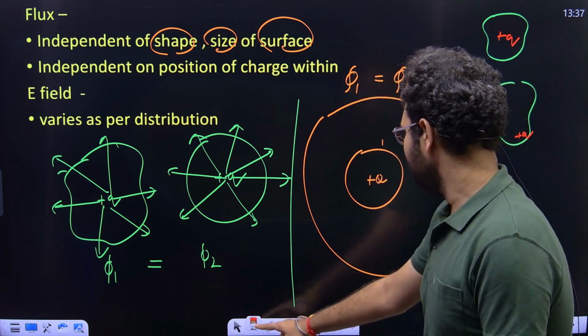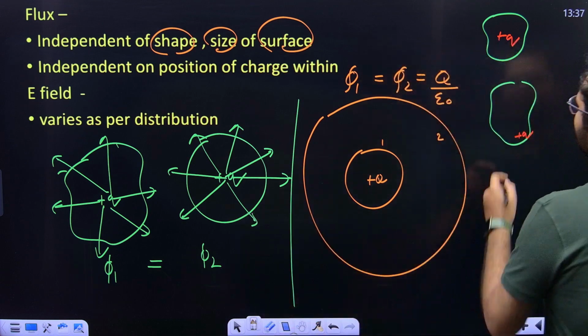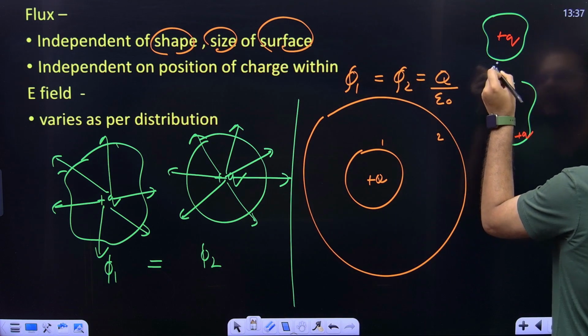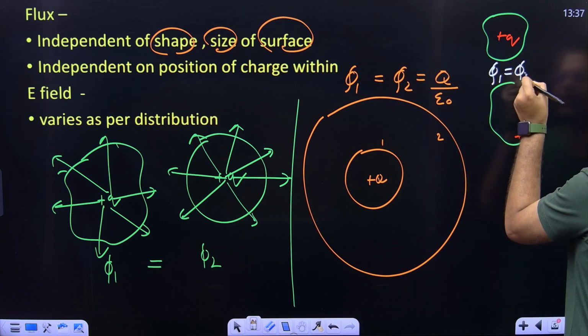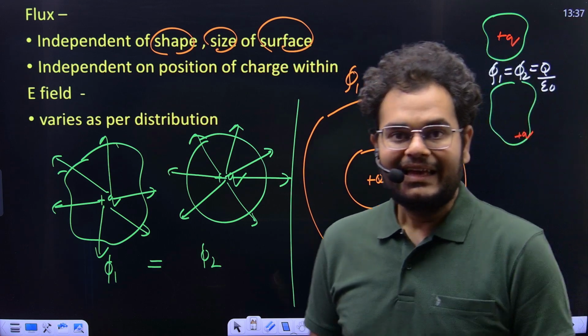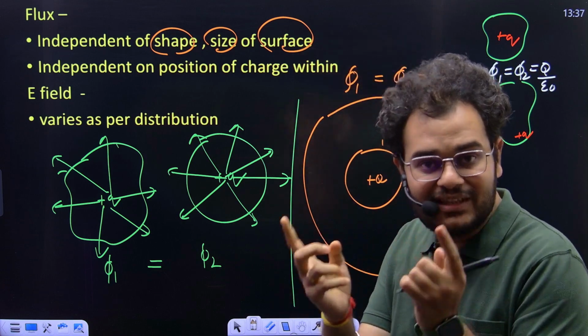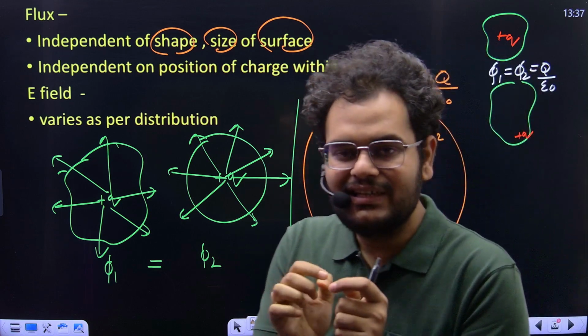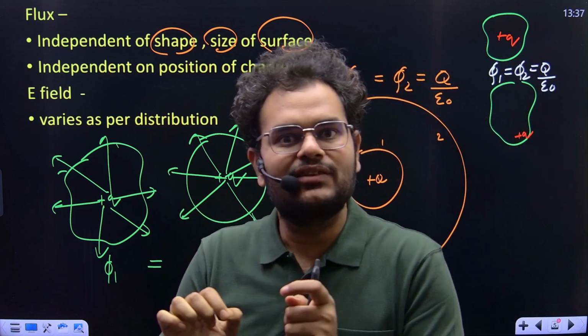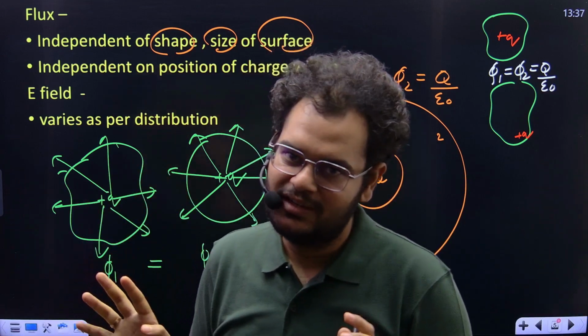Now you have to tell me in which case flux is more. For these two, again phi 1 is equal to phi 2 is equal to q upon epsilon naught. Does flux depend on the location of the charge within the surface? No. What Gauss says is, whatever charge is inside the surface, it doesn't matter where it is, flux will be q upon epsilon naught. Are you getting it?